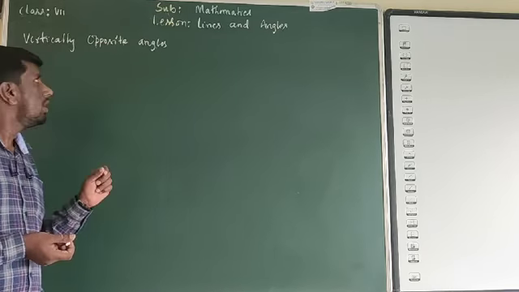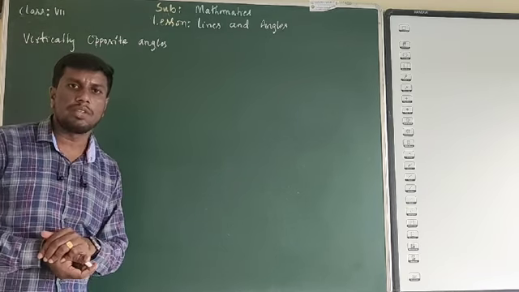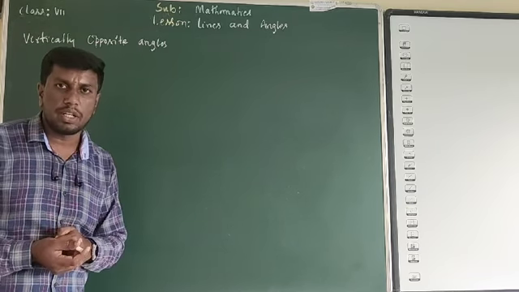As I told you in the first class, the introduction of lines and angles, when two lines are intersected, four angles will be formed. This is the line AB. We have one more line intersected with AB, which we will call CD.